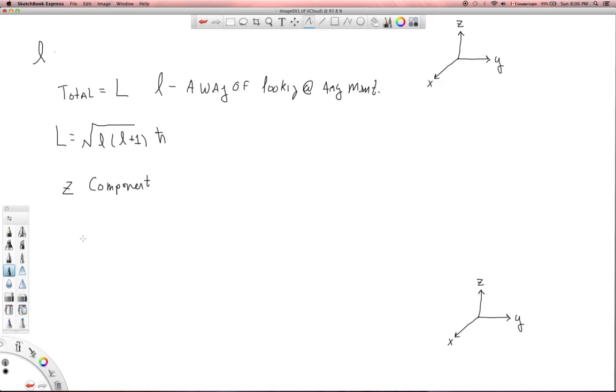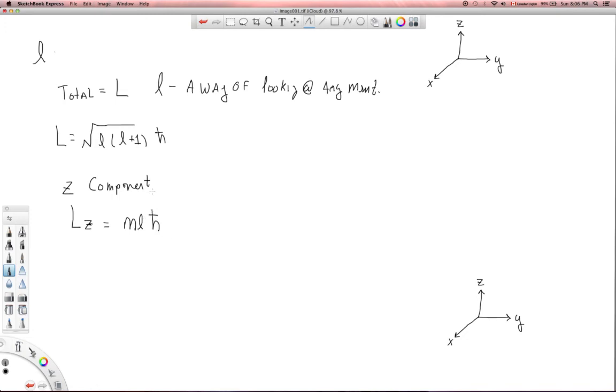I'm going to call that capital L sub z. That's the z component of the total angular momentum, and that equals an integer value, m sub l times h bar.